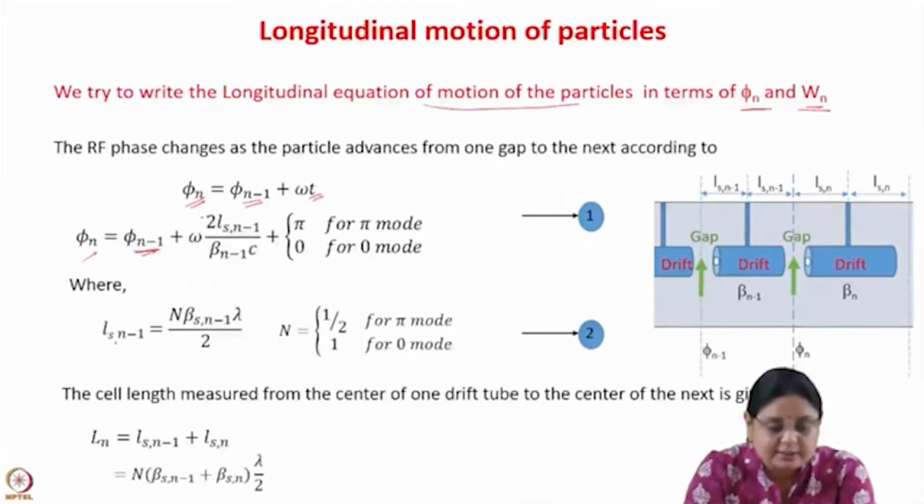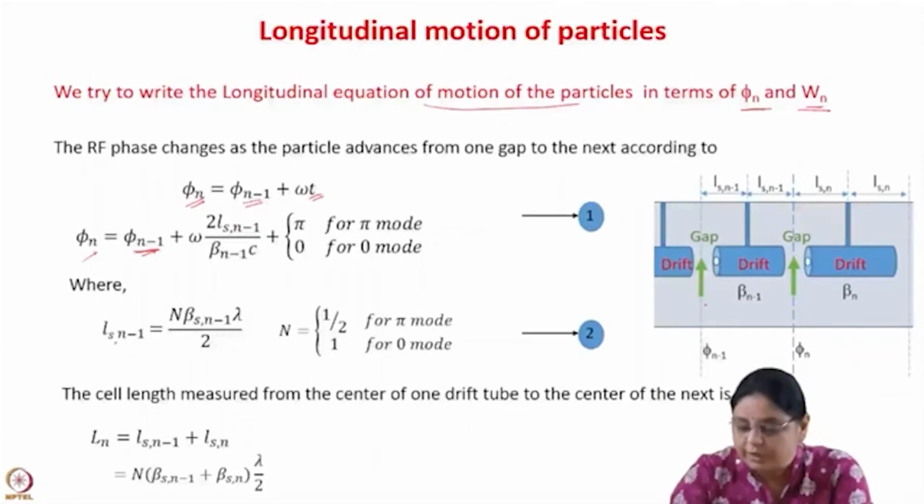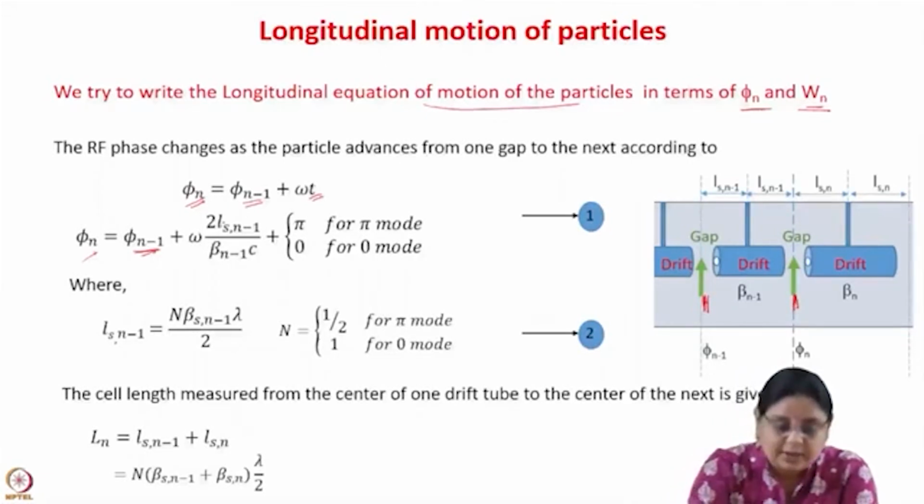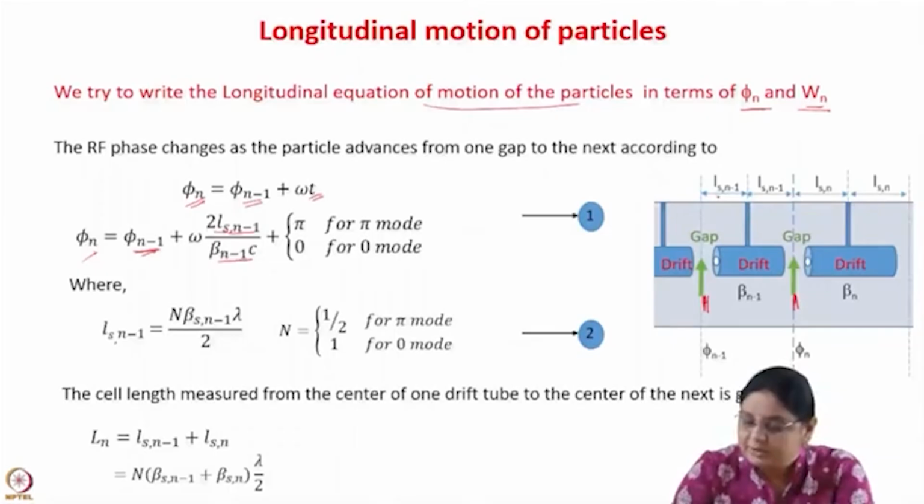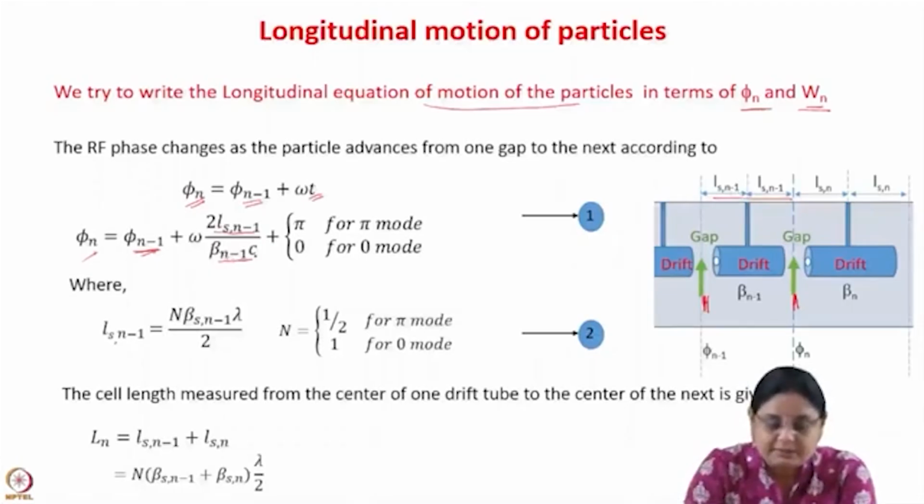And t is the time taken for that arbitrary particle to travel from the n minus 1th cell to the nth cell. So that is equal to the distance divided by its velocity. The distance is fixed: it is 2 times ls n minus 1, and the velocity is beta n minus 1 into c.